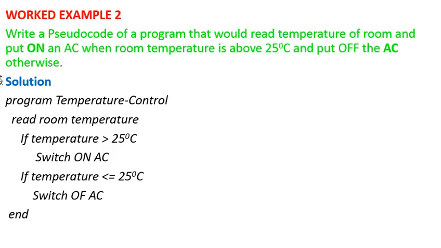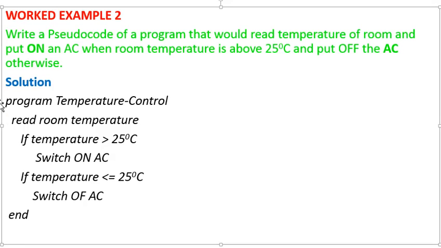So for us to solve this problem, we start the solution as follows. We give the program a heading. We call it program temperature control, because putting on the AC and switching it off is like you are controlling the temperature of the room. So the next thing is you should go and read the temperature.